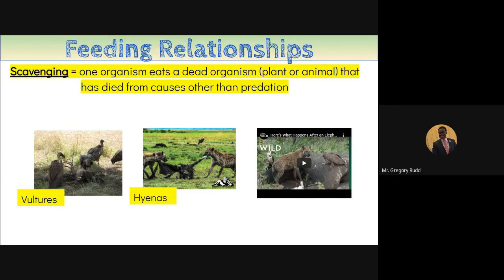So their bodies have evolved these strong immune systems and these really adaptive digestive systems so that they don't get sick from eating these dead organisms. So important to note here again that they are not actually killing their food.